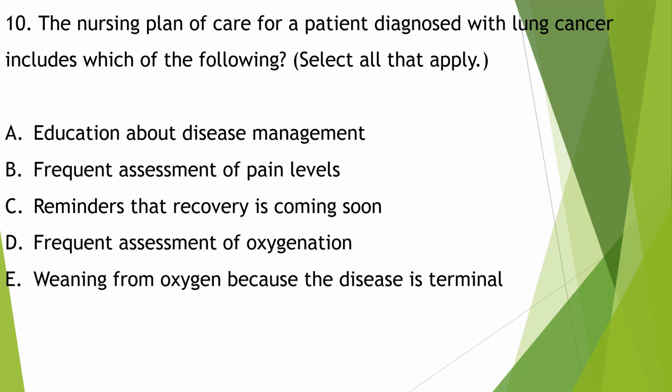So the patient is diagnosed with lung cancer. We need to educate about the disease management. Next, we need to assess the pain level, and we need to give medications. We need to frequently assess oxygenation also. Maintain the SpO2 above 90%. False reassurance should not be provided to the patient.